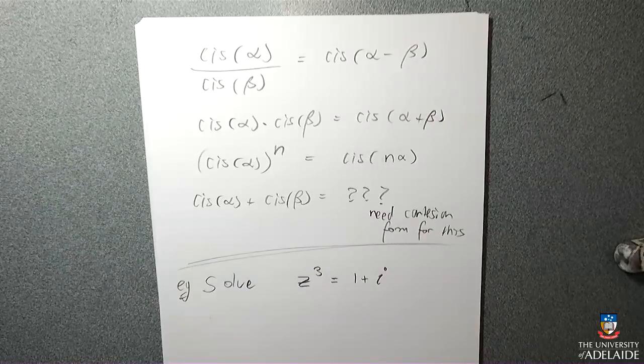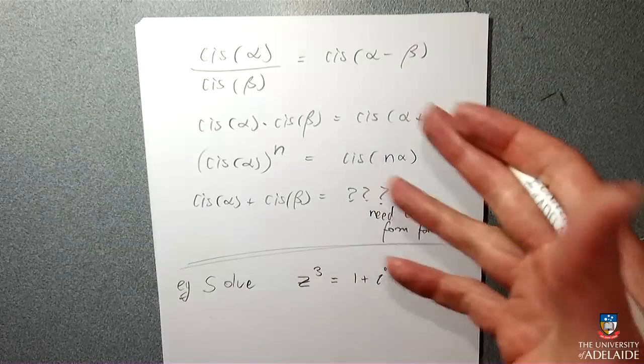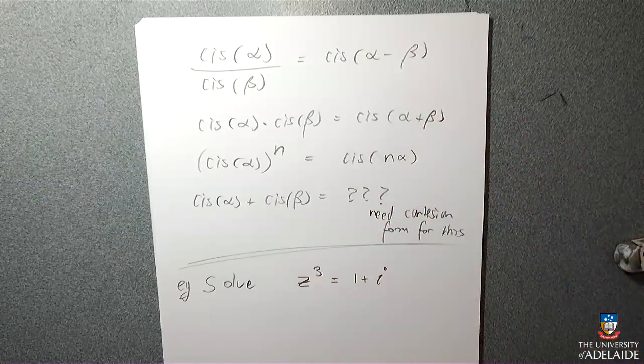Okay, great. So we know, based on what we just said there, that cis in particular interacts very well with powers. And so it would be much easier to solve this equation if it was in polar form.